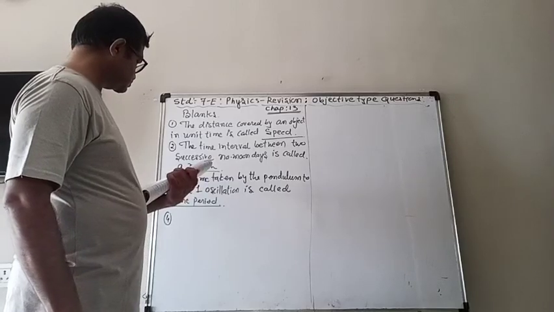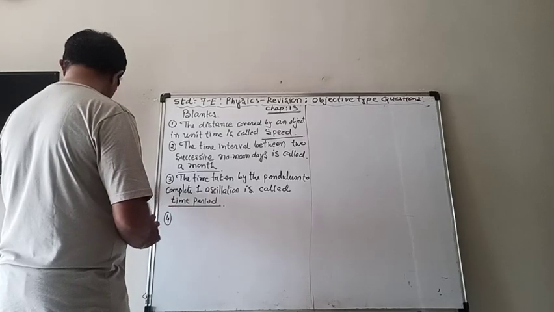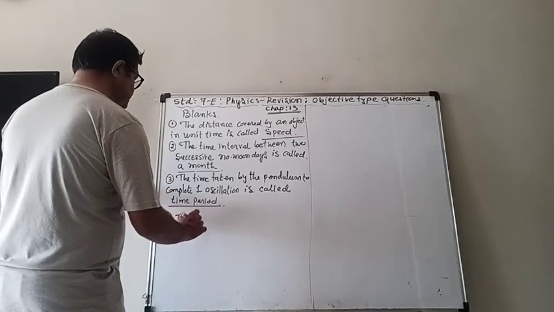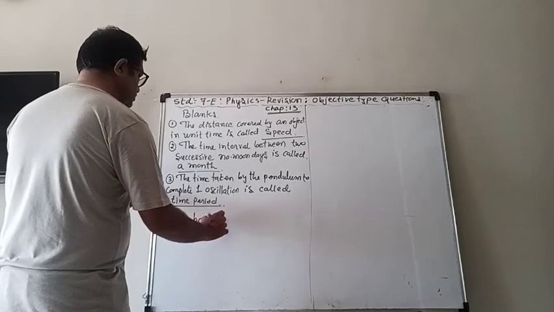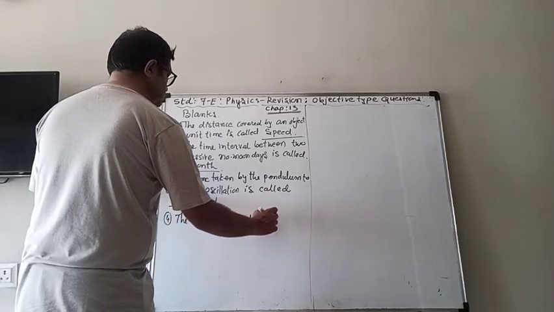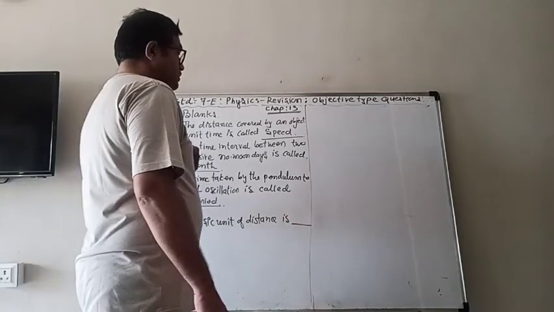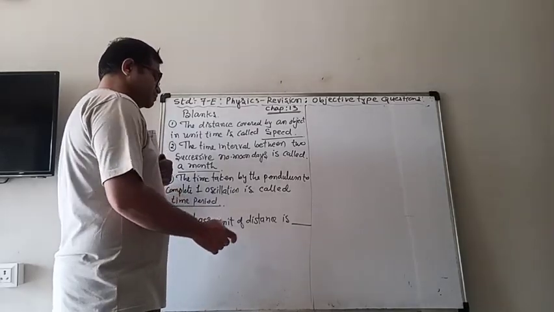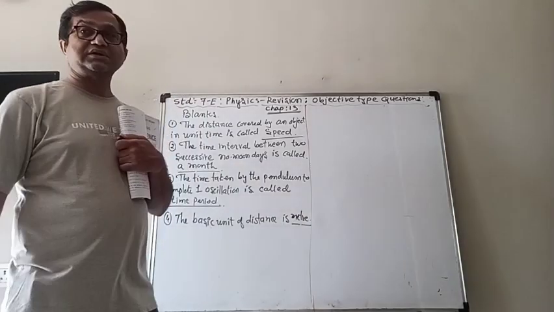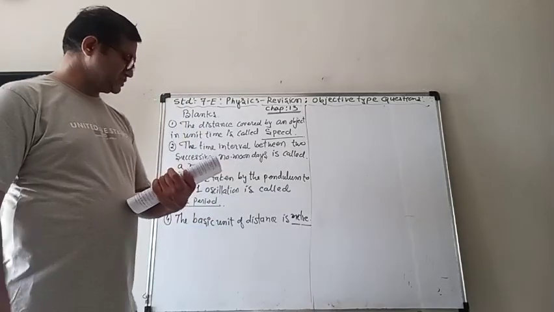Next, the basic unit of distance is dash. Generally, the distance is measured in the meter. So, meter is the basic unit to find the distance.